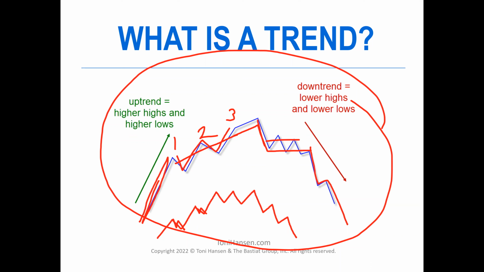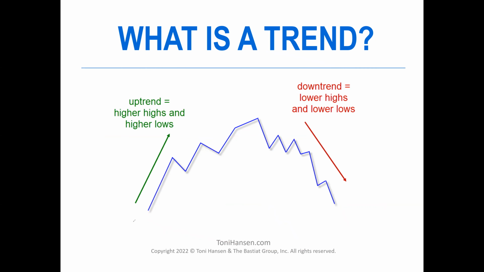In an uptrend, you've got a series of higher highs and higher lows. In a downtrend, you've got lower highs and lower lows forming. That's a very straightforward, simple definition of what a trend is.